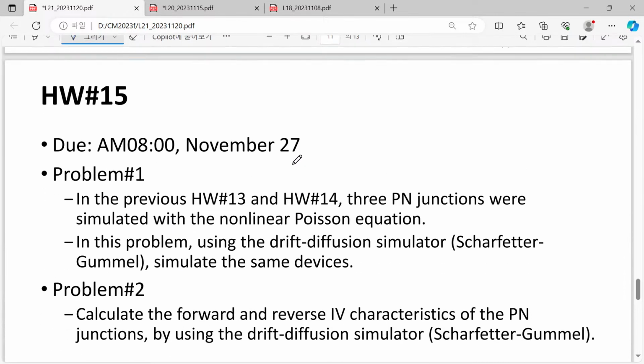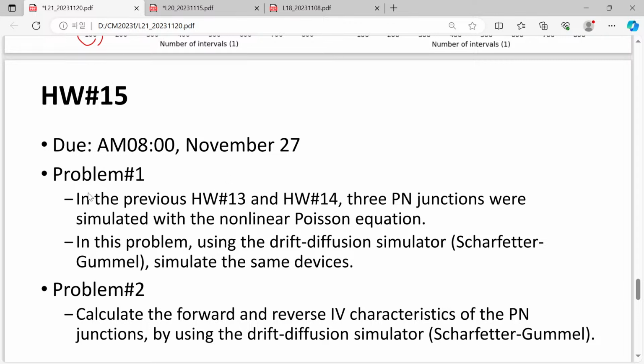So now you have 1 week to prepare your homework report. Problem 1 is for equilibrium, and problem 2 is for non-equilibrium cases. In your previous homework numbers 13 and 14, you studied p-n junctions at equilibrium with the nonlinear Poisson equation and a drift diffusion simulator with naive discretization.